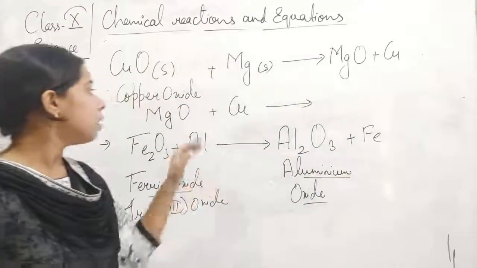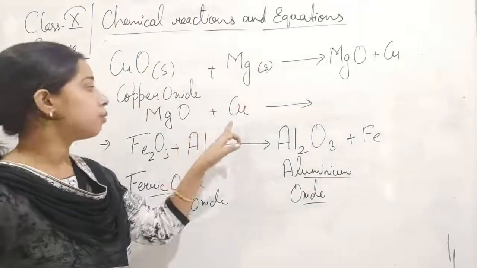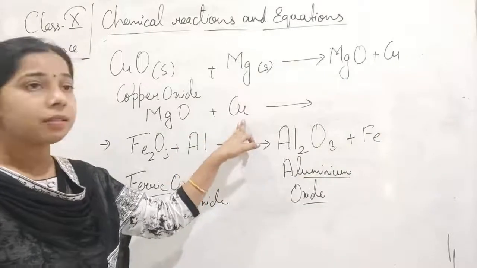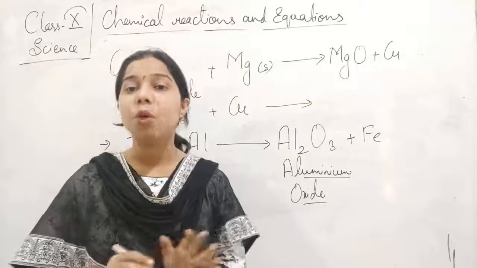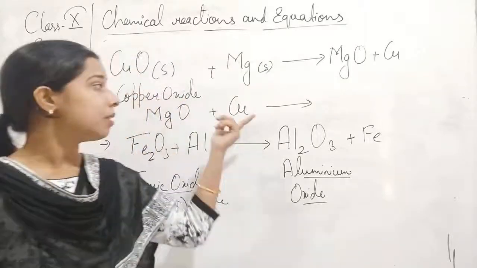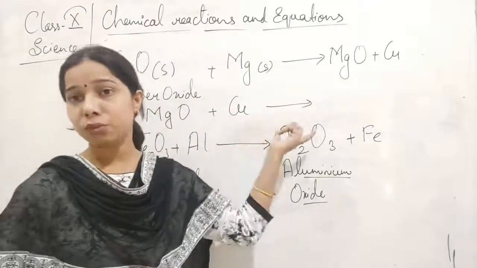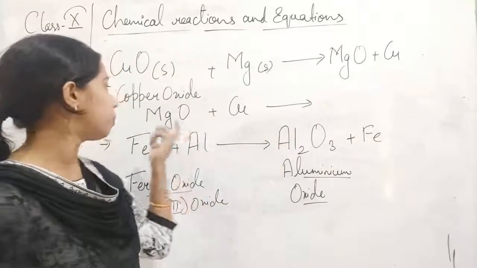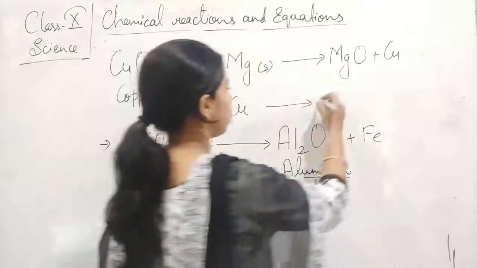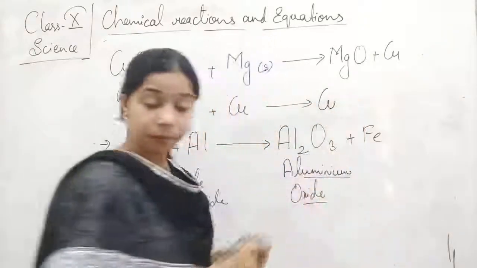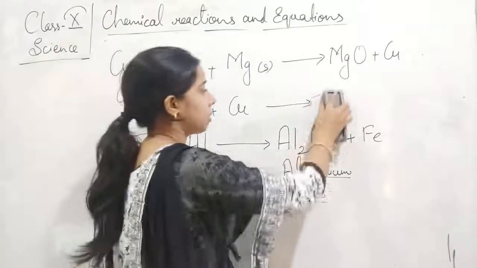Okay, but what happens here? You see that copper is less reactive than magnesium. So there will be no reaction. Okay, because it is less reactive, it is not capable of displacing the magnesium's place. So here no reaction will take place.